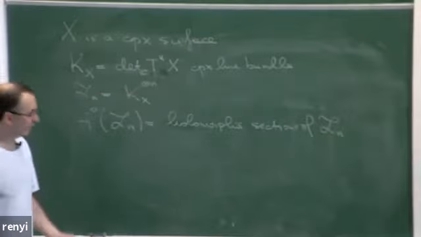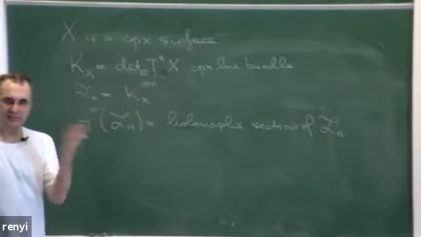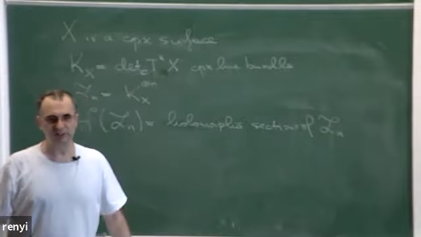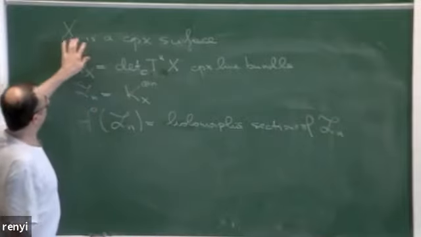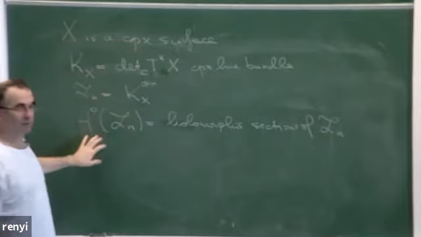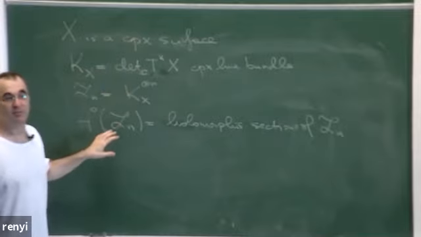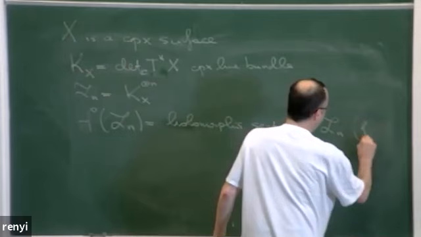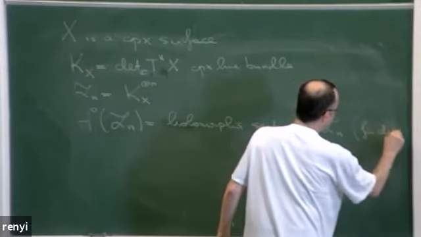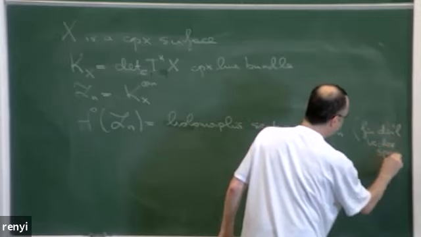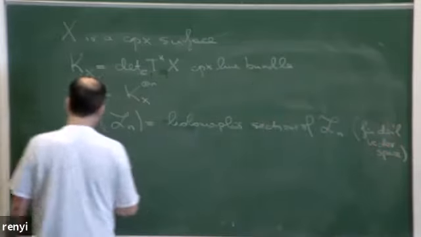Now, we know that if we have a bundle and we take all the C^0, C-infinity sections, we get typically an infinite dimensional space. If X is a complex compact surface, then these holomorphic vector spaces tend to be finite dimensional, as it is in this case. And we can do the following.